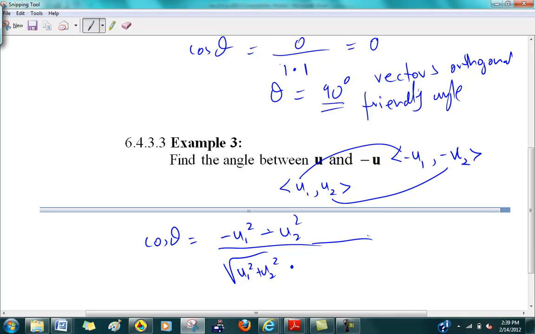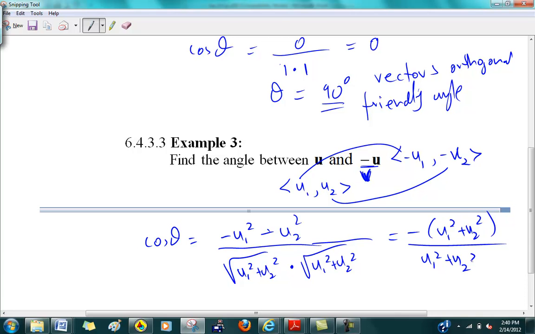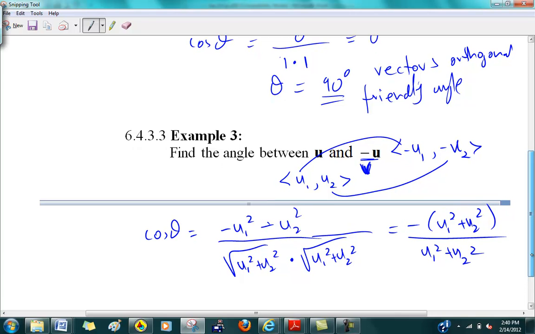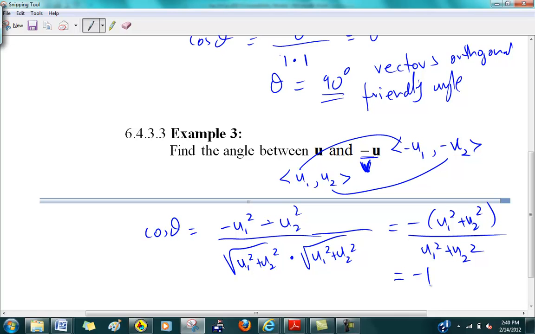Magnitude of v is also the same, so u1 squared plus u2 squared. So this gives me minus u1 squared plus u2 squared all over u1 squared plus u2 squared. The square roots disappear because you're multiplying by the same thing, and this gives you minus 1.